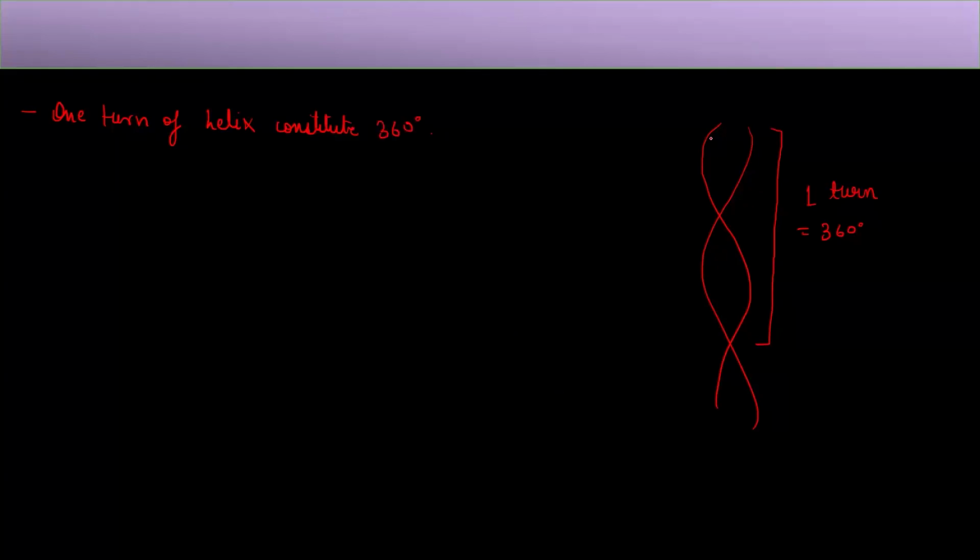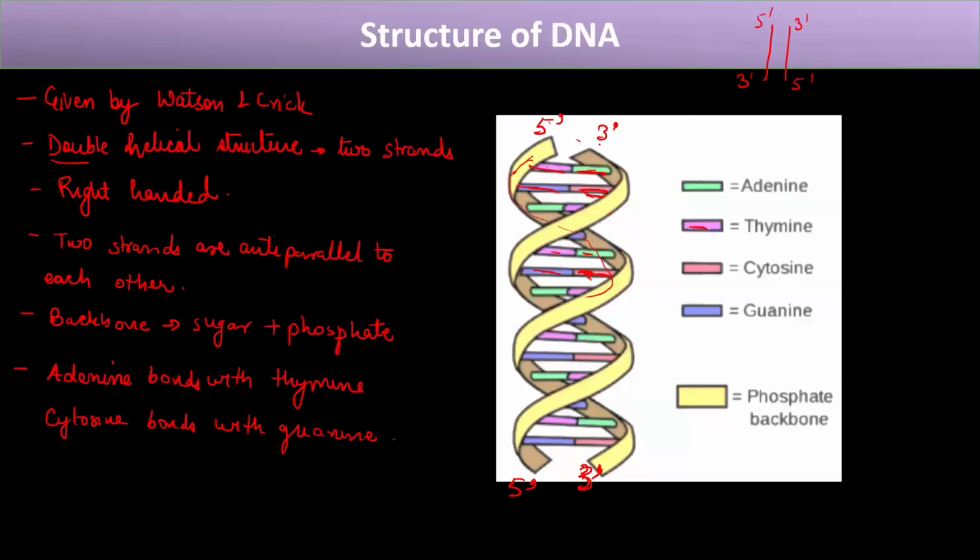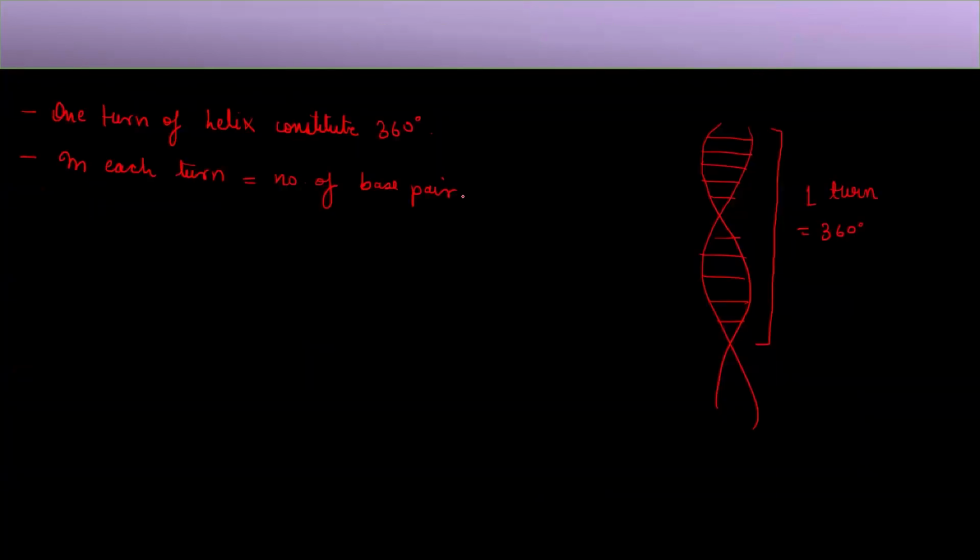Now, in one turn, the number of base pairs, the bases I am talking about like adenine, guanine, thymine, will be 10: 1, 2, 3, 4, 5, 6, 7, 8, 9, 10. By base pair, I mean this thing. This is one base pair, this is two, this is three, because each consists of two bases. The number of base pairs equals 10.